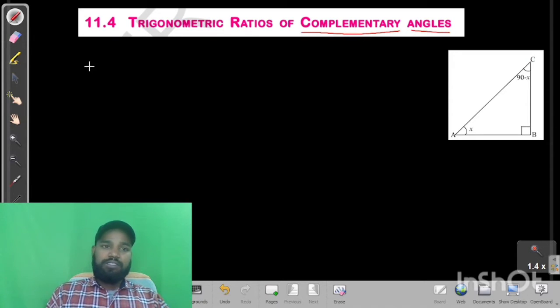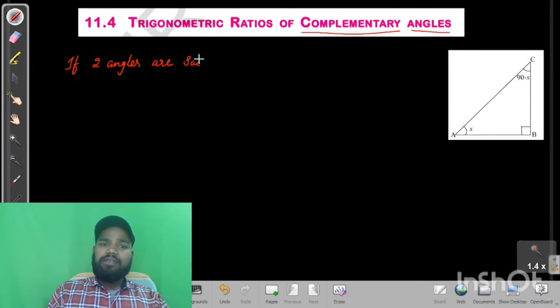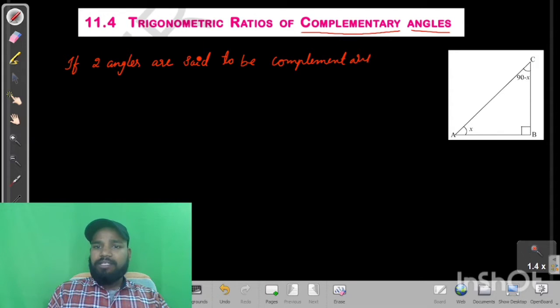We already know that if two angles are said to be complementary, then the sum of their angles must be 90 degrees.